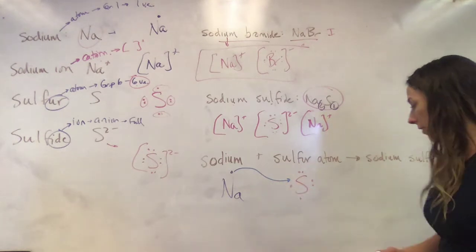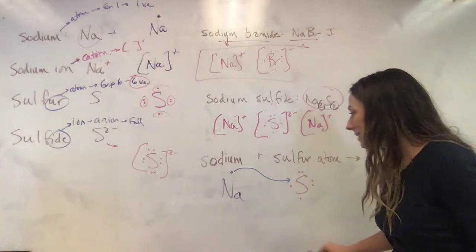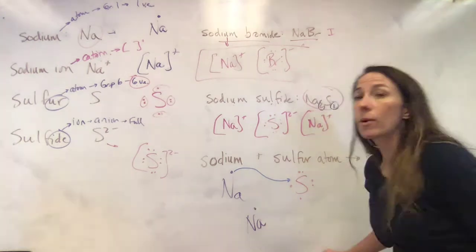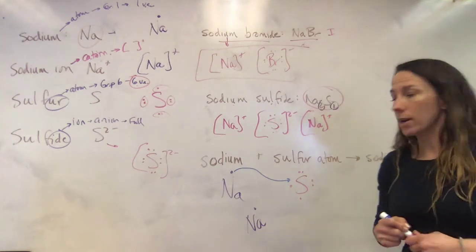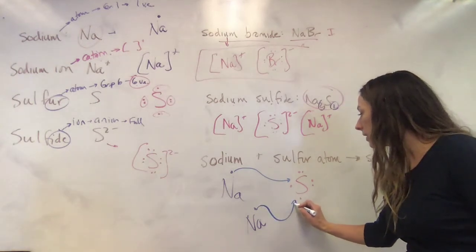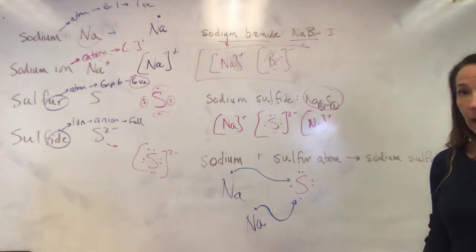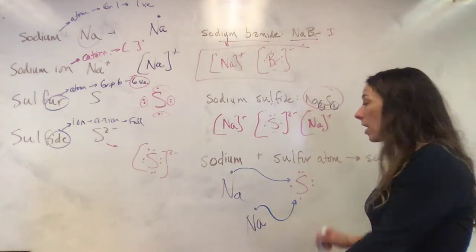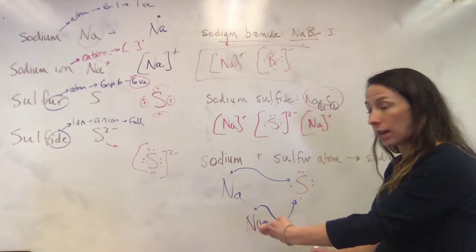The sodium is very happy. So I actually need a second sodium, because remember I have a whole beaker of these things, right? So I need a second atom of sodium to give its electron to that spot of the sulfur, and now the sulfur is satisfied and these 2 sodiums are satisfied.